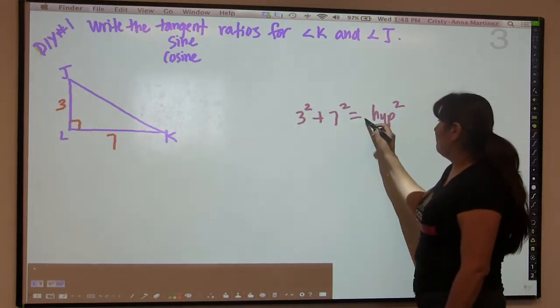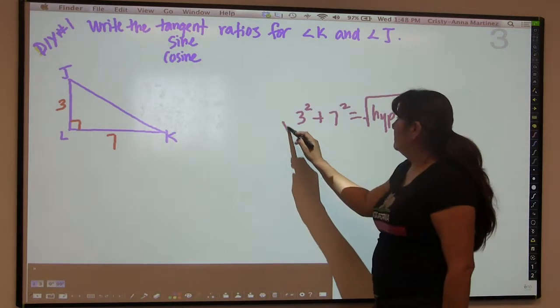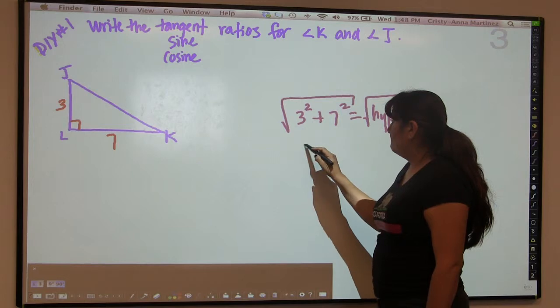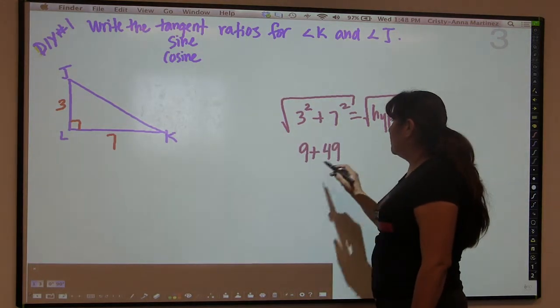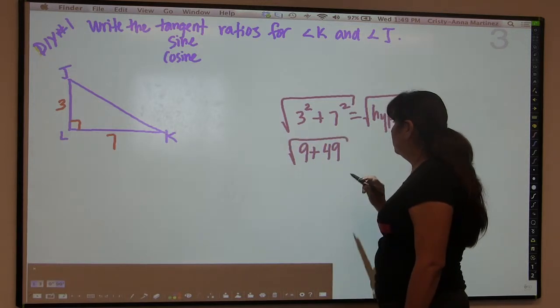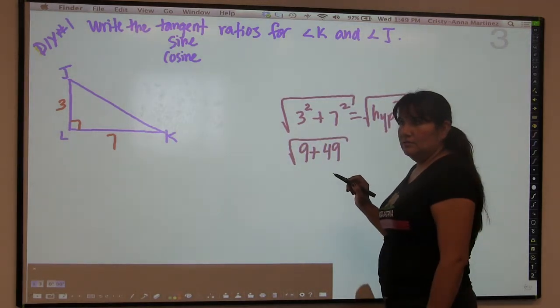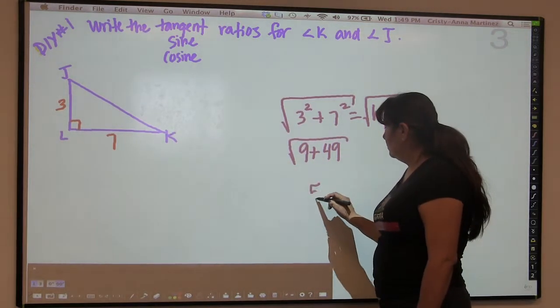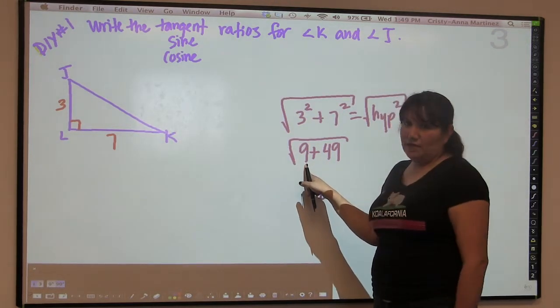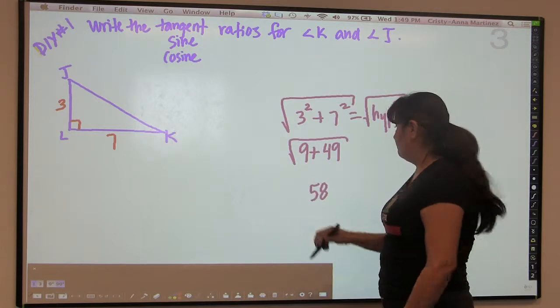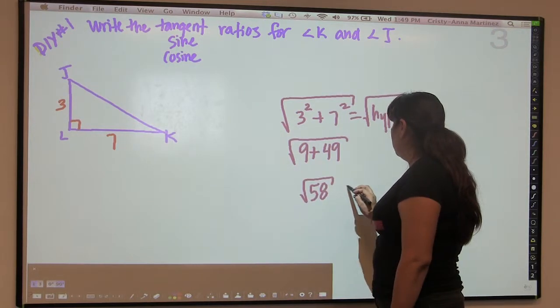And to get that, I have to square root both sides. What is 3 squared? 9. And what is 7 squared? 49. And what's 49 plus 9? 58? Well, 49 plus 10 is 59, but it's 1 less than that, so 58. So square root of 58 equals hypotenuse.